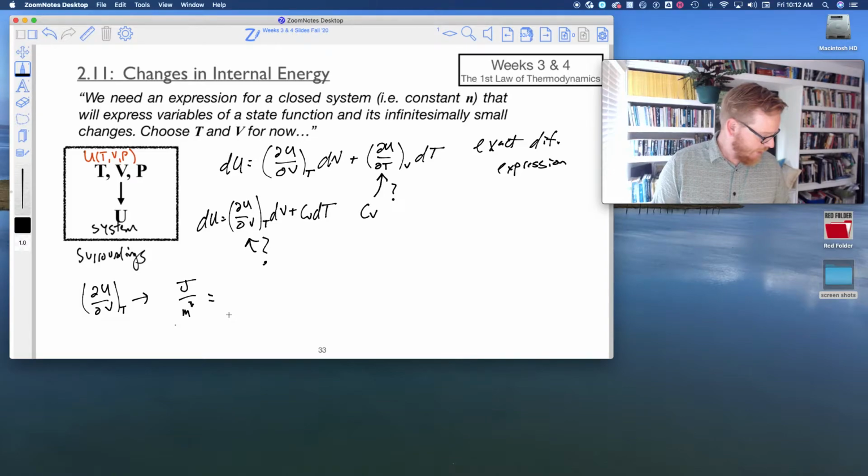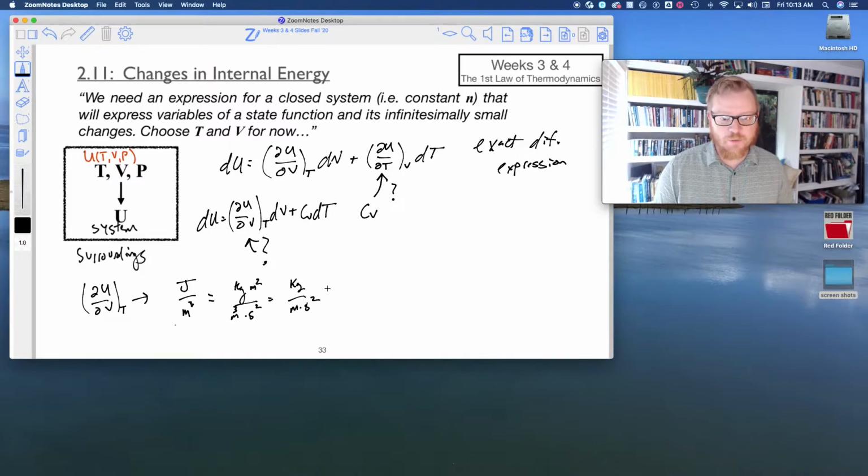So a joule is a kilogram meter squared per second squared. And then there's still that meter cubed from the volume. The meter units cancel, and we're left with a kilogram per meter per second squared.